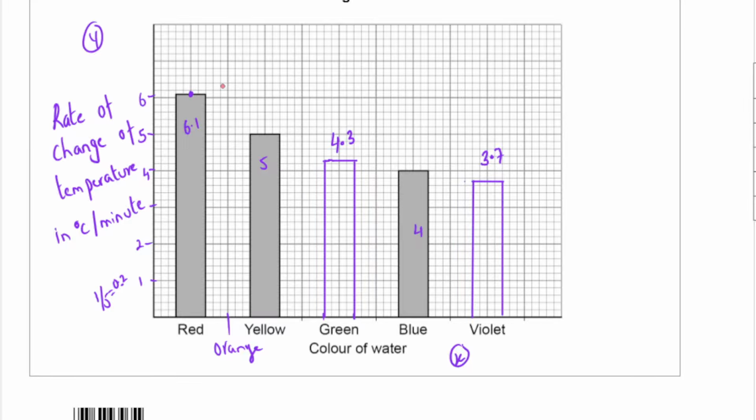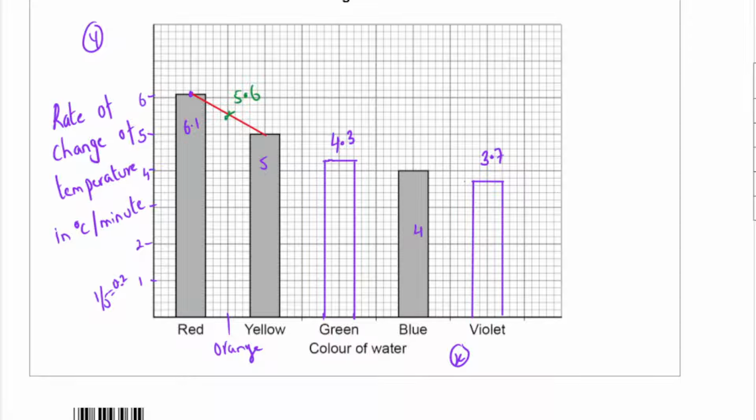So if I draw a straight line from this, straight line, hold on. There you go. And if I mark that halfway between, that is about 5.6.